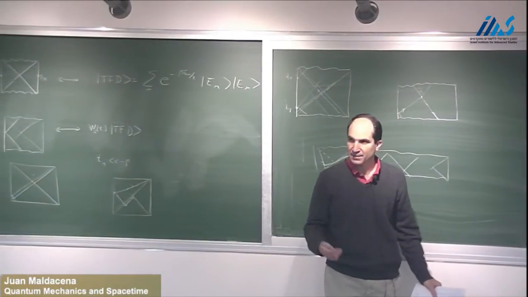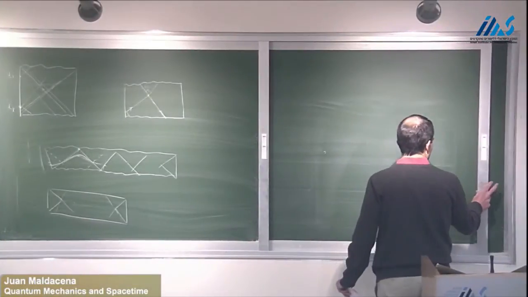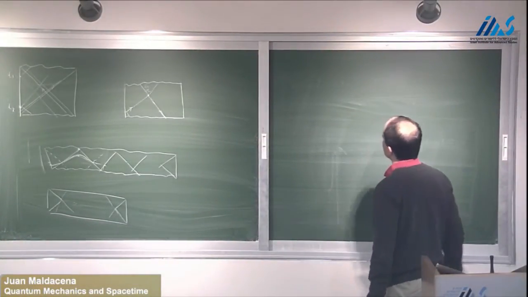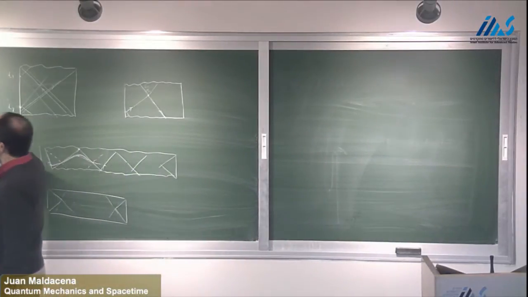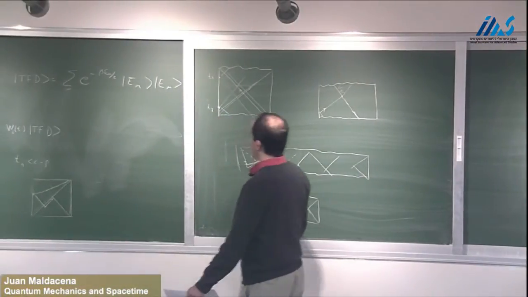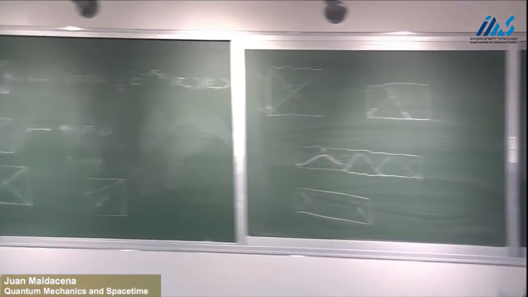So it's described by a density matrix identical to the one of the black hole. But the state need not be this one. For example, we can act with a unitary transformation on the left, and that will not affect the density matrix on the left or on the right. And so we can have more generic states.